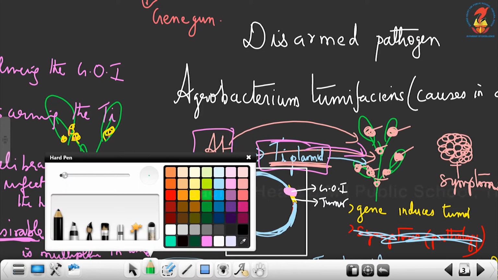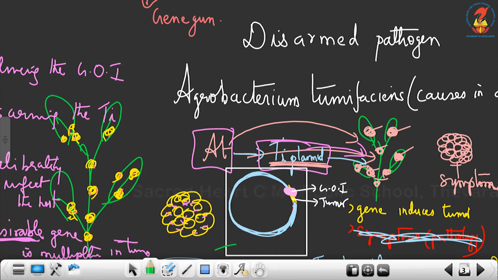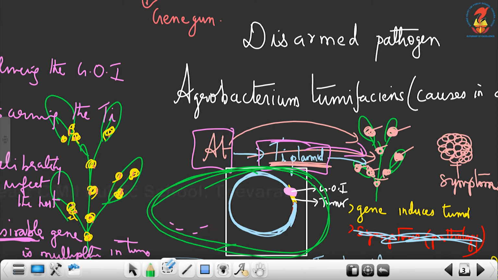We did the modification inside the plasmid. Now this host which is having this rDNA is called a transformed host or transformed bacterium or transformed agrobacterium. This is made to deliberately invade the host.